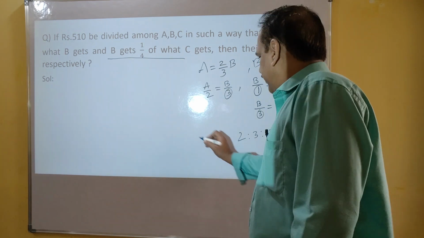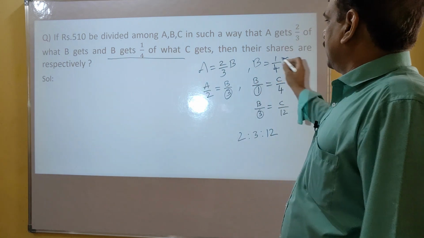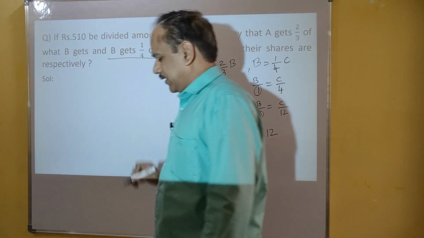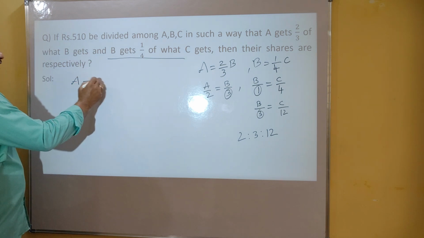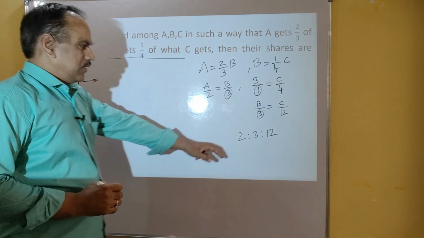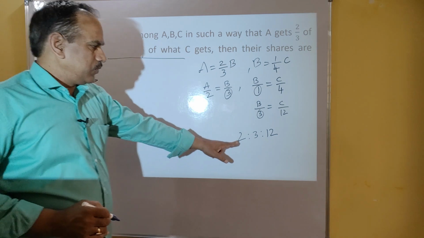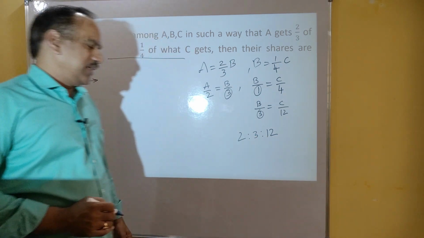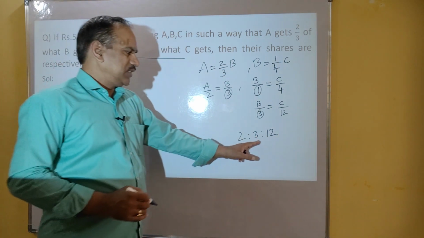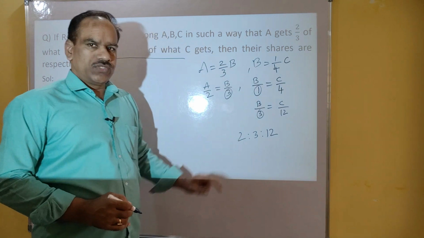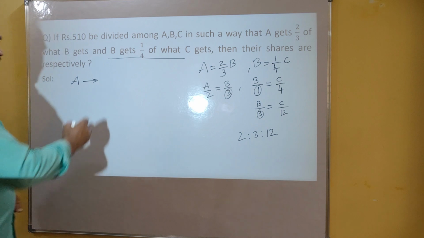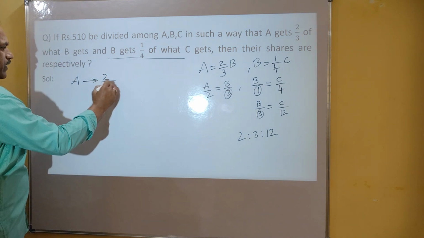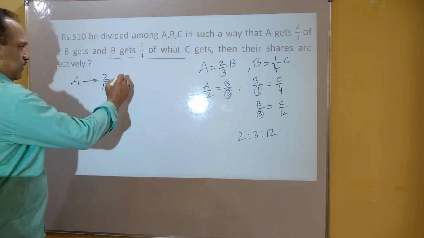Now the amount is 510 rupees. What is A's share? Out of 2 plus 3 plus 12, it is 17, right? Out of 17 shares, A receives 2 shares, B receives 3, C receives 12 shares. So 2 shares out of 17, A receives.